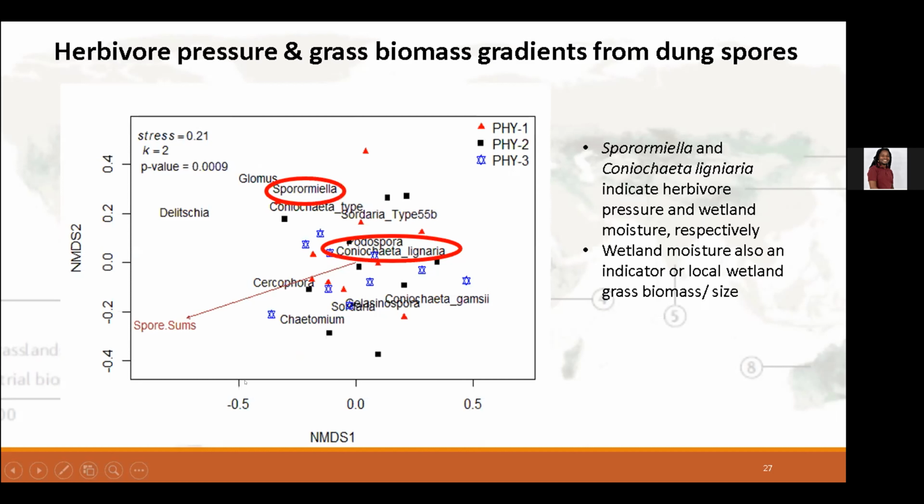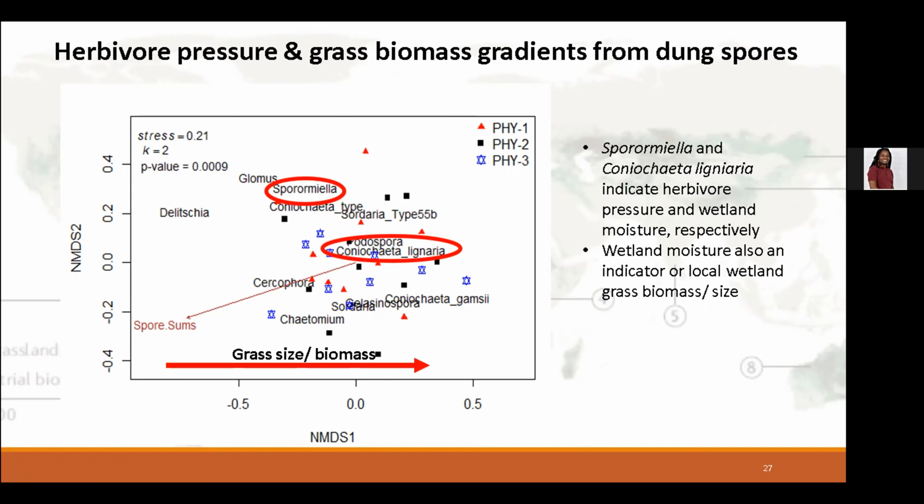So we see that on this side, basically on the negative of the primary axis, is where Sporormiella and the other key dung fungal spores that are related to herbivory, like Cercophora, Chaetomium, and Delitschia, and Glomus are found. So that's quite interesting. Whereas Coniochaeta lignaria seems to be clustering closer to Podospora. I don't know what's happening there, but we'll see.